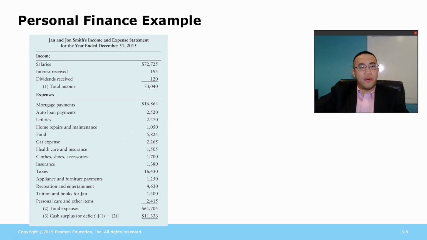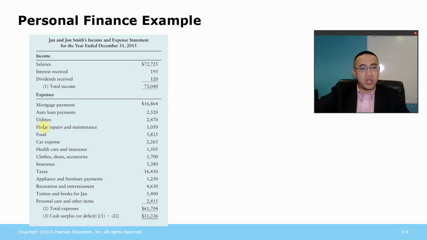Likewise, you can have your own income statement as a person. For example, you may receive a check or salary from your job, and then you have also some savings in the stock market or in the bond market or in a deposit at a bank. You will get interest and dividends, so that's your total income. And then you need to deduct all the expenses of your life.